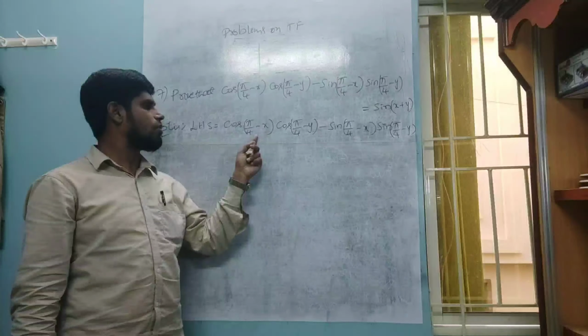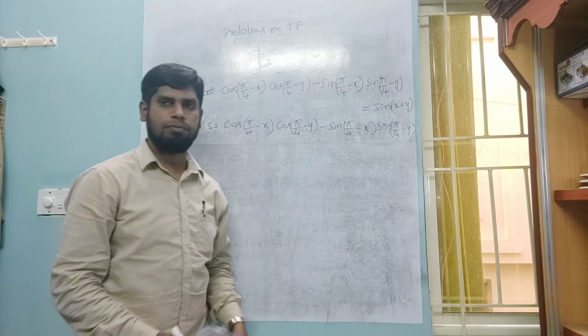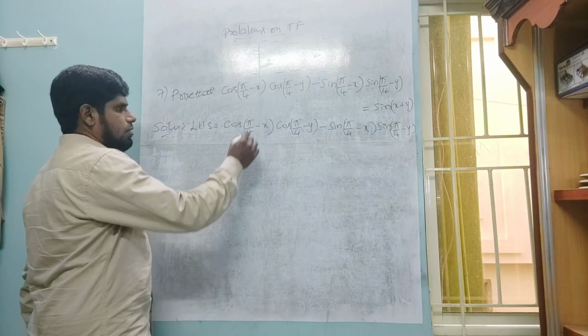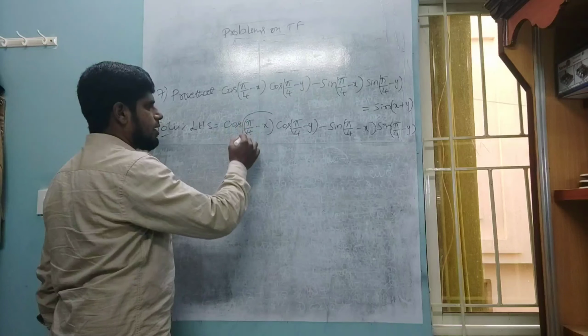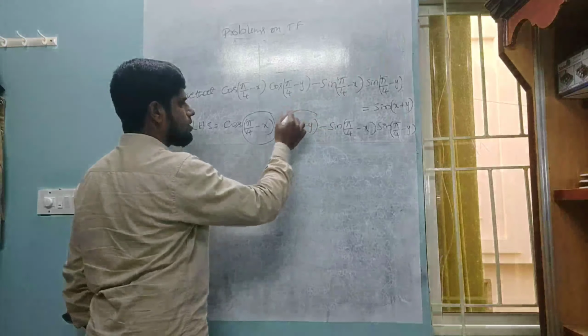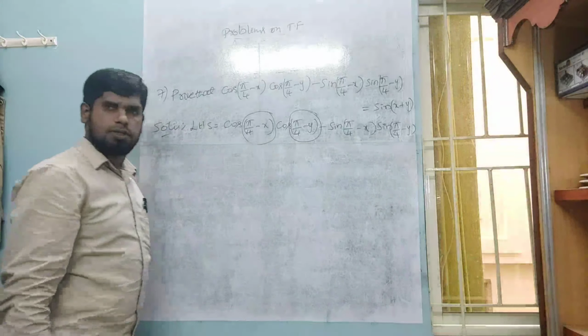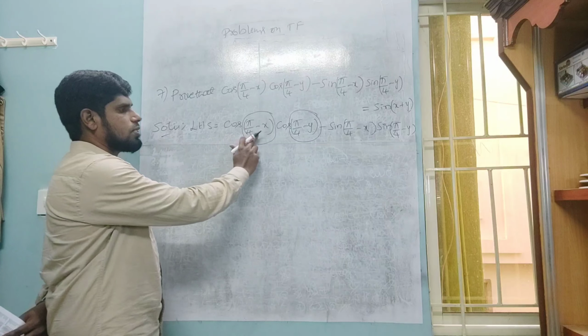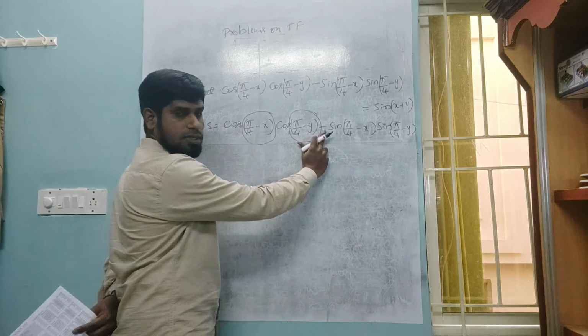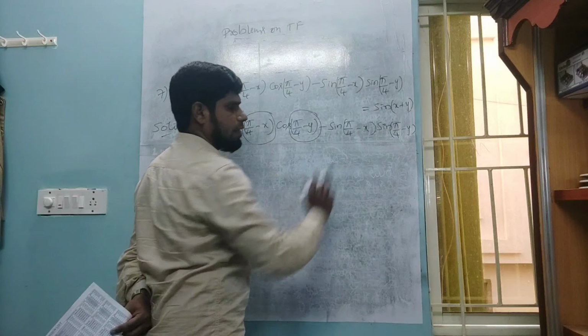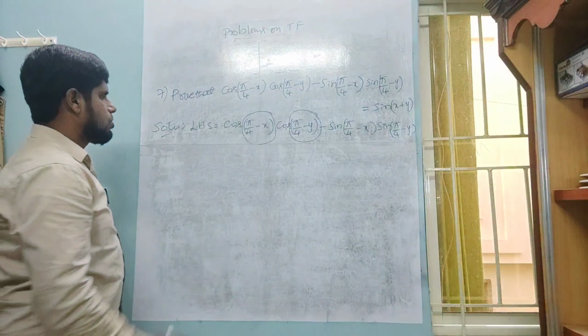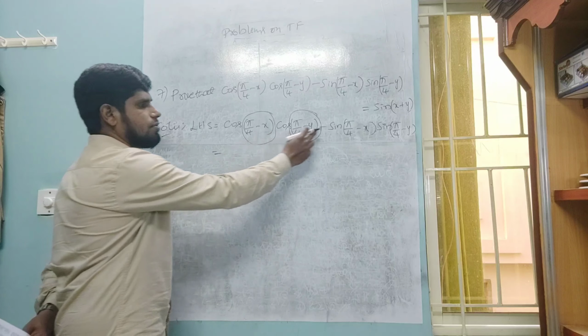Now if I consider this as x and this as y, then I can read this as cos x cos y minus sin x sin y, isn't it? So we know the formula.